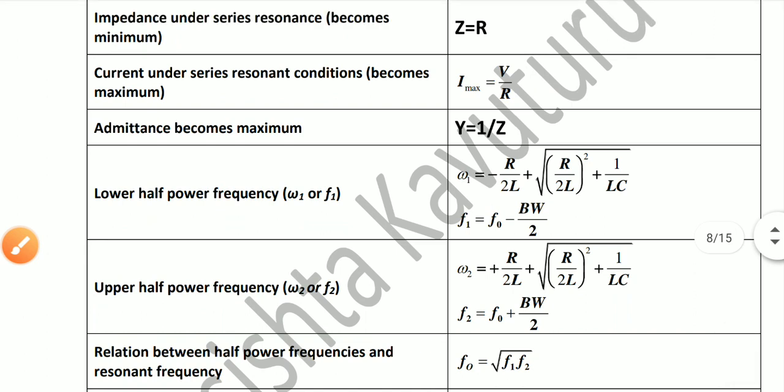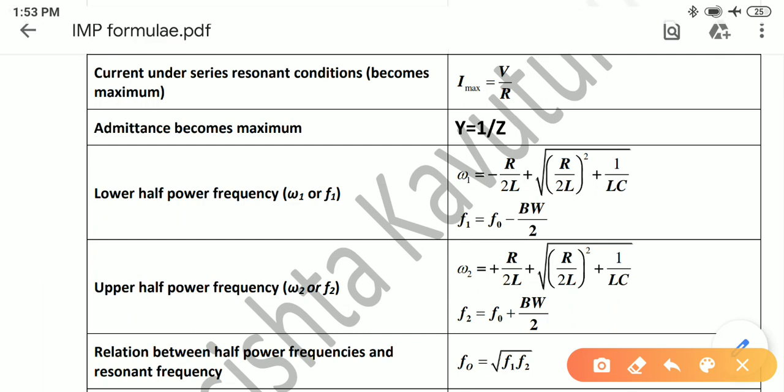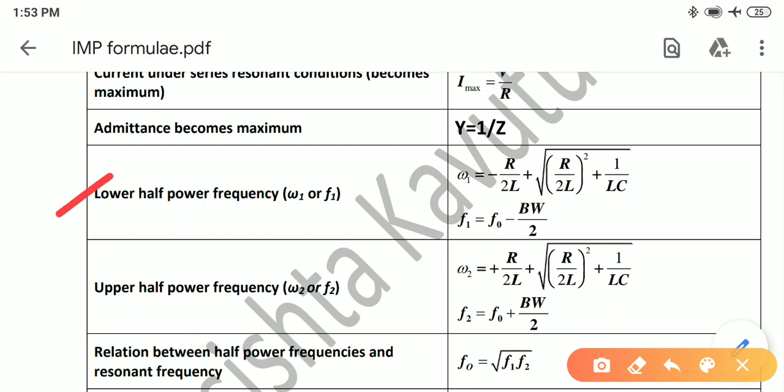Next, the half power frequencies or cutoff frequencies are given by the formulas. The lower half power frequency can be given as omega 1 or F1. Omega 1 is the angular frequency, measured in radians per second, whereas F1 is the normal frequency, measured in hertz.